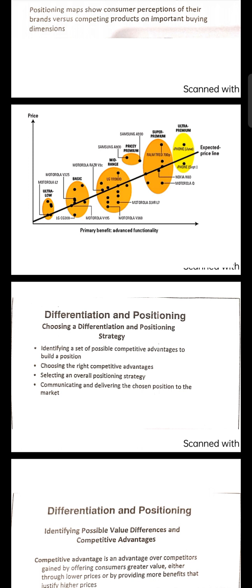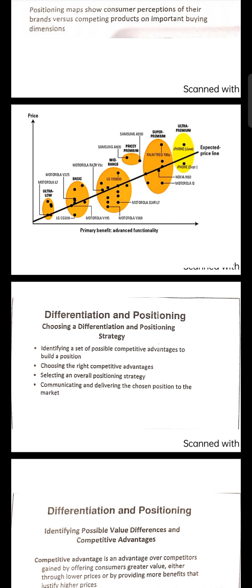and different pricing. Okay, so for example, from the ultra low status kind of level of phone, and then basic phone, and then mid-range phone, and then you go further up, it's a price premium phone and super premium phone or ultra premium phone, like for example iPhone.